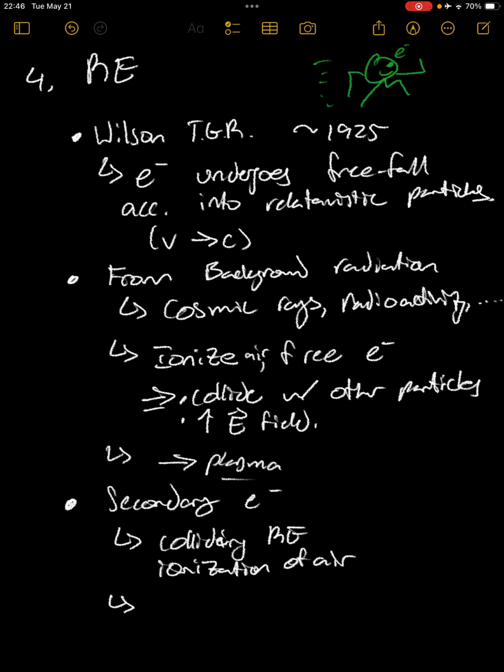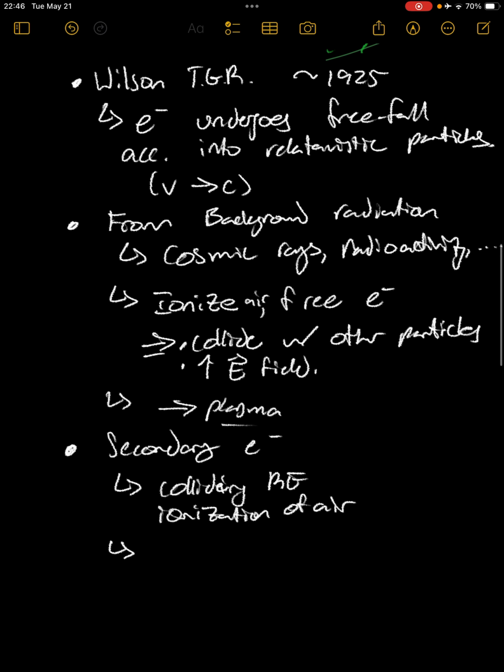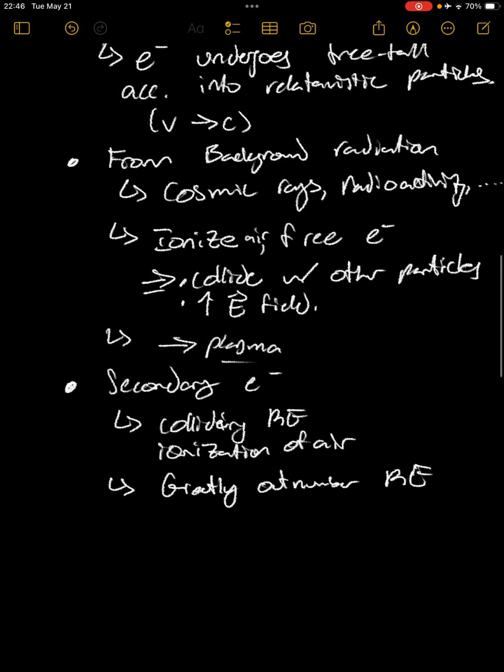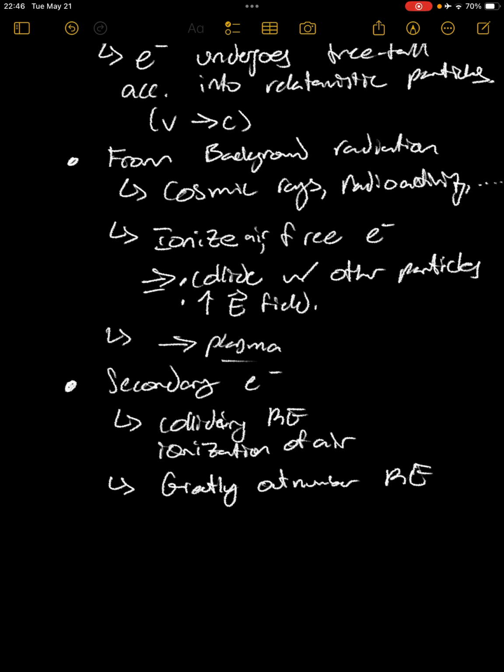They greatly outnumber the runaway electrons, which just makes sense, just conservation of energy. One particle hits another, it probably will not have the same speed as the particle that originally hit it. And there are so many ways that you can lose energy within this. You aren't always going to become a runaway electron.